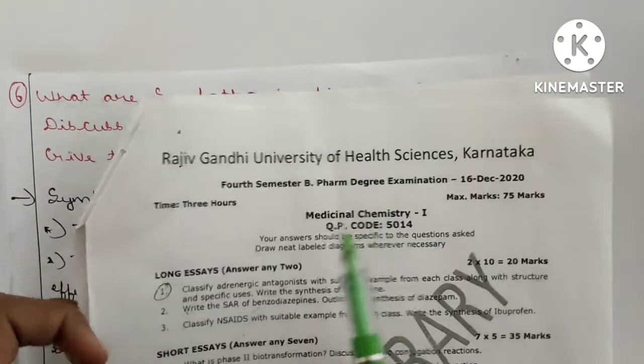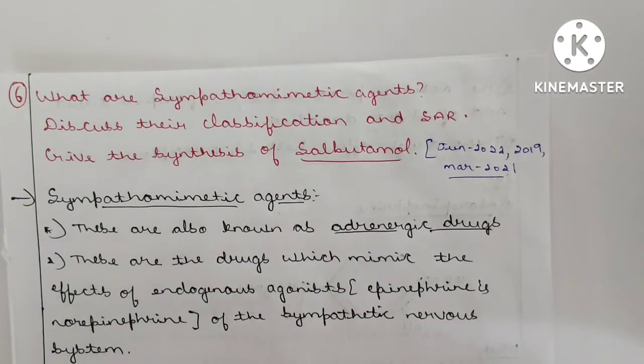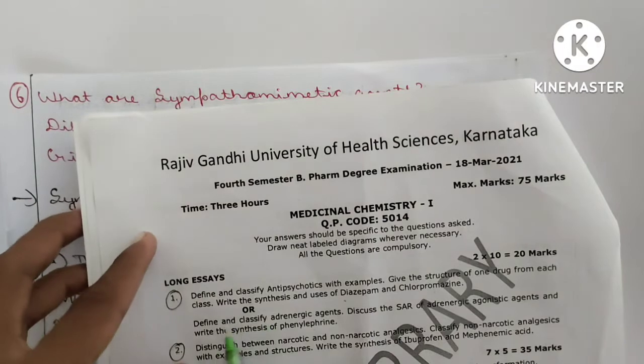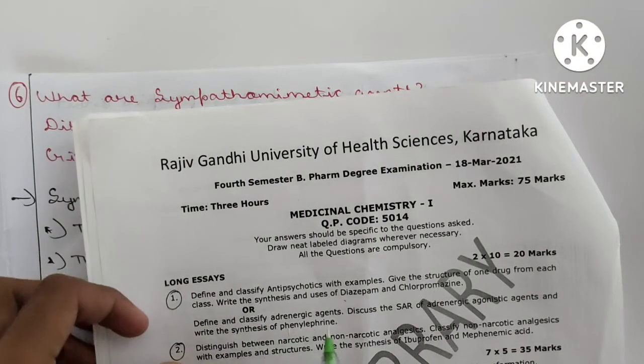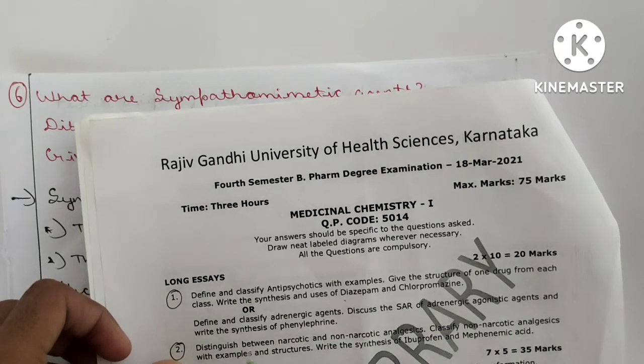Minute changes here. Sympathomimetic agents and adrenergic agents are both the same. Don't get confused. See this one: define and classify adrenergic agents, SAR of adrenergic agonist agents, and write the synthesis of phenylephrine.